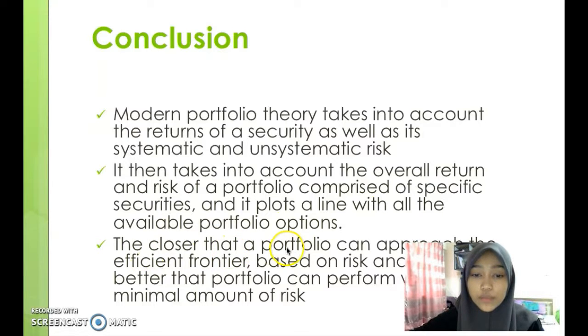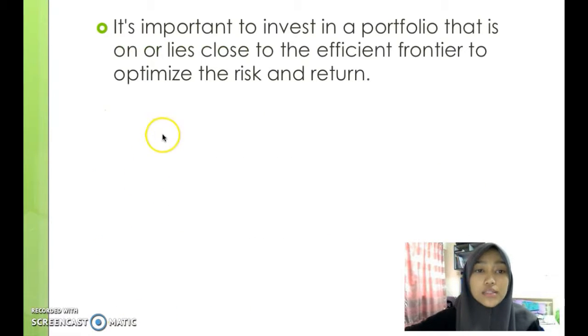The closer the portfolio can approach the efficient frontier based on risk and return, the better the portfolio can perform with a minimal amount of risk. The last point is that it is important to invest in a portfolio that is on or lies close to the efficient frontier to optimize the risk and return.